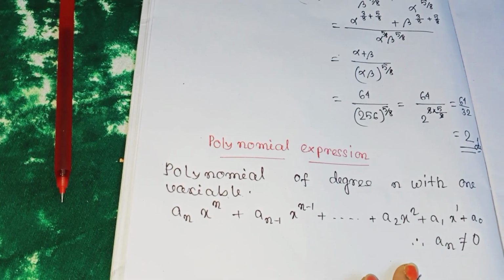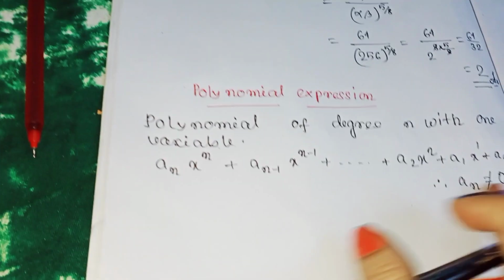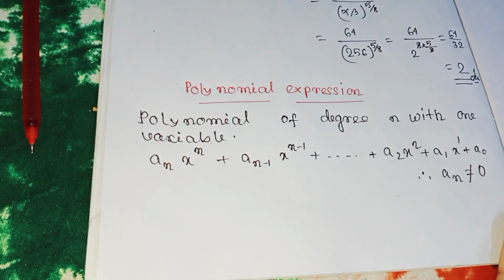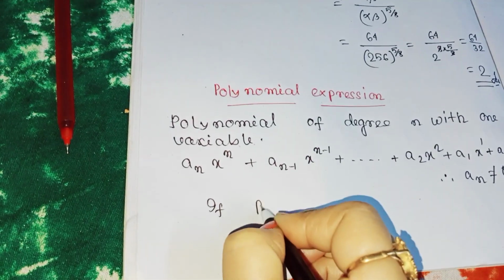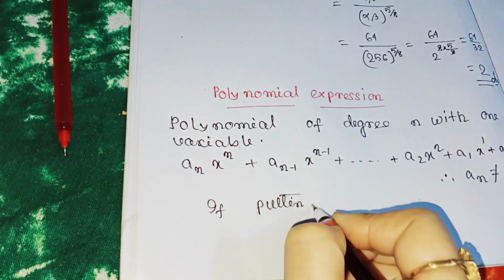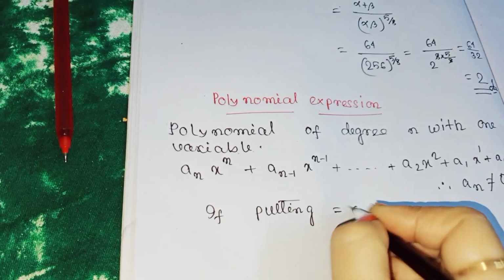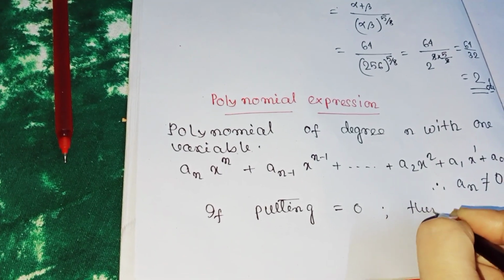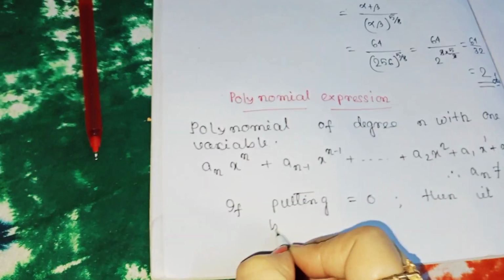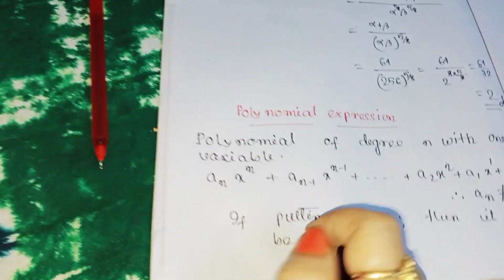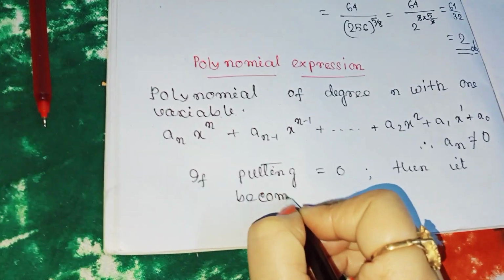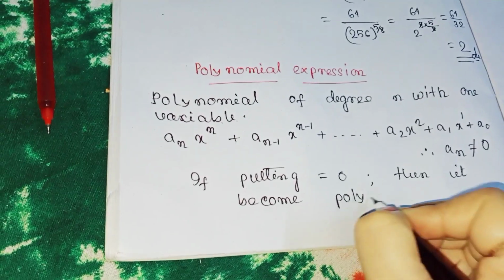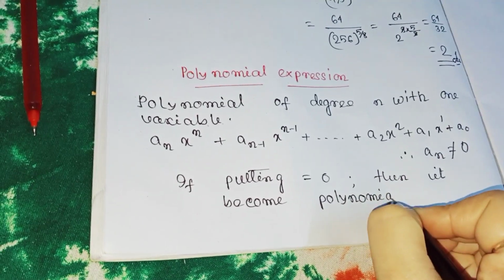If we put this expression equal to 0, then it becomes an equation, and that equation is called a polynomial equation.